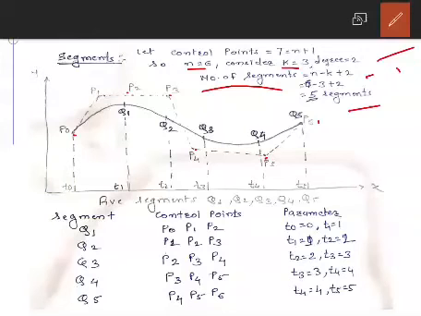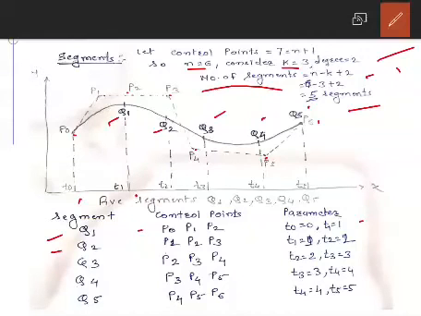It is shown here: Q1, Q2, Q3, Q4, Q5. Now the first segment starts from T0 up to T1. Segment Q1 is controlled by 3 control points P0, P1, P2, where T0 is equal to 0 and T1 is equal to 1.